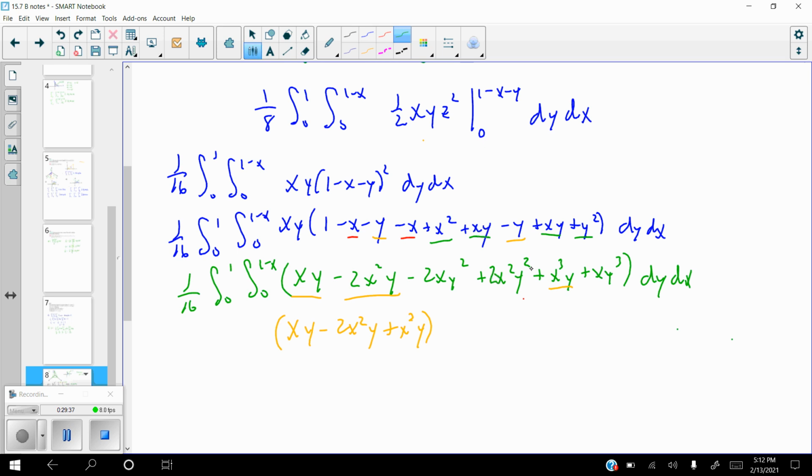All right, but then I'm going to take the terms with the y squared, which is this one, and group those two things together. So that'll be plus negative 2xy squared plus 2x squared y squared. And then my last term is simply going to be xy cubed because I don't have anything else to group it with. All right, we're getting there.